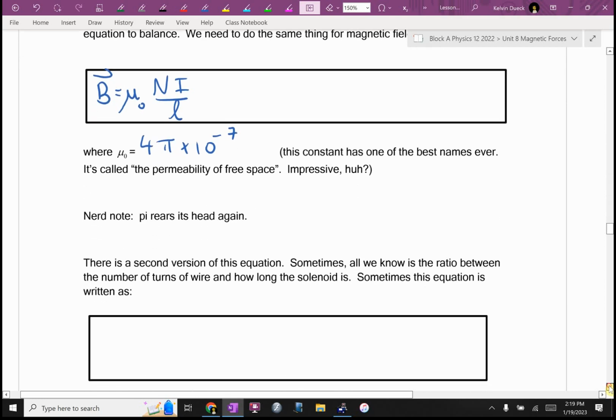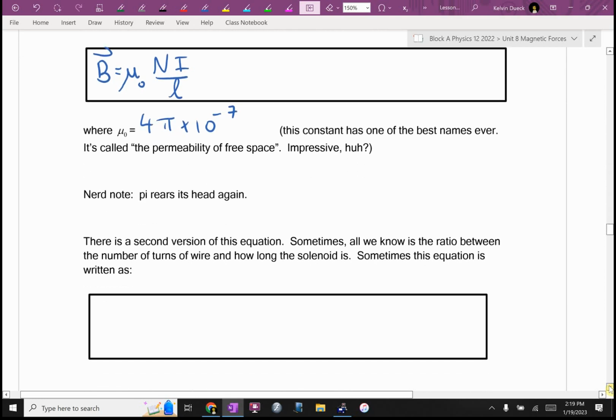There is a second version of this equation that's used in industry. Sometimes you don't know how many coils of wire and the overall length. Sometimes all you know is the number of turns per meter. Sometimes the equation is written as this: mu naught lowercase n times I, where lowercase n is turns per meter.